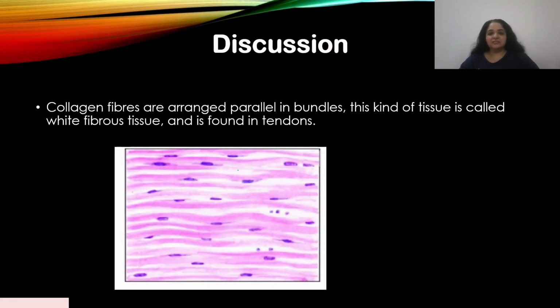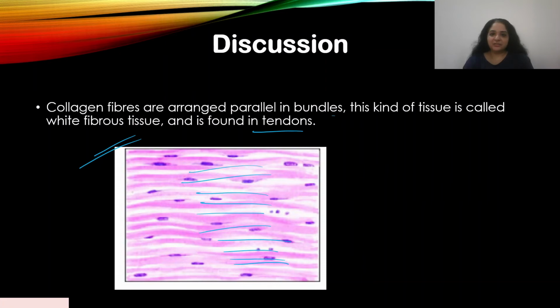See, this is the diagram that I was talking about. You can see how they are all arranged in parallel form. The collagen fibers are arranged parallel in bundles. This kind of tissue is called white fibrous tissue and is found in tendons. This is very obvious, very simple, very direct. It's not complicated like ligaments.